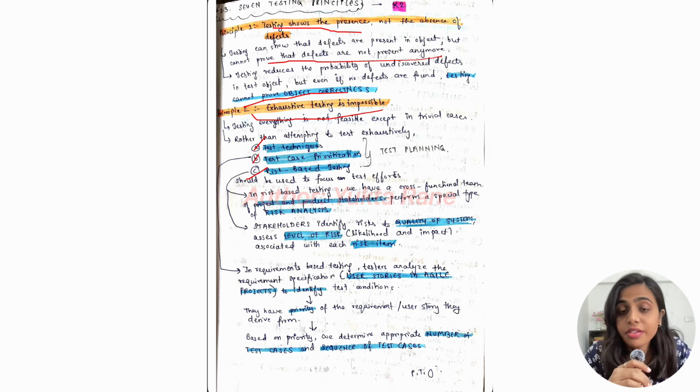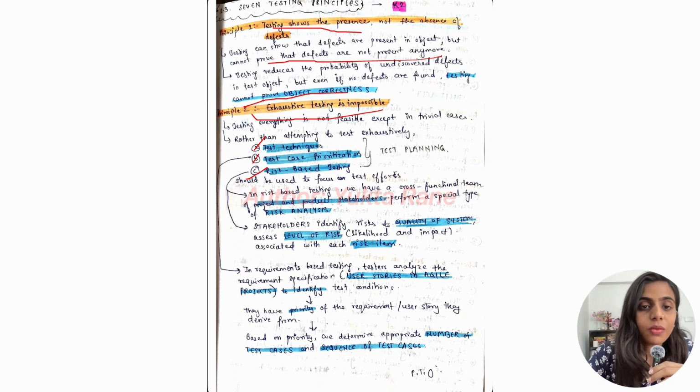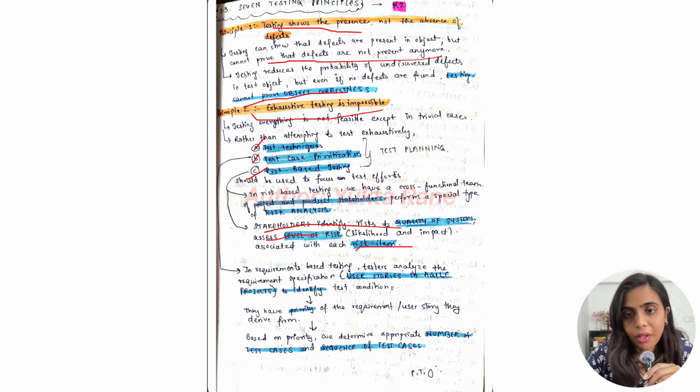And the third part is risk-based testing. Risk-based testing means stakeholders have to identify the risks to the quality of the system and assess the level of risk associated with each risk item. It is similar to defining priority, but here you are identifying risks and then deciding what to test.